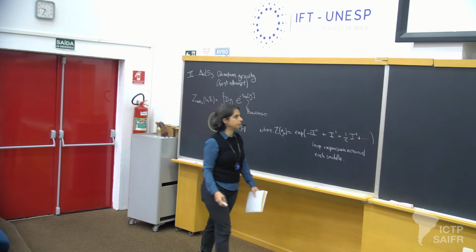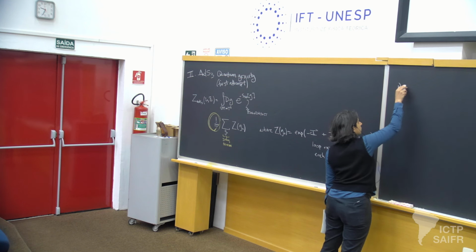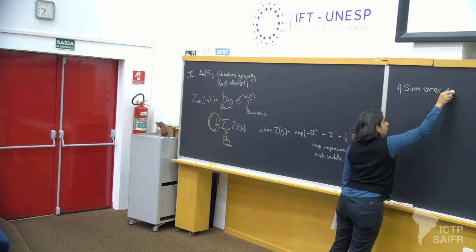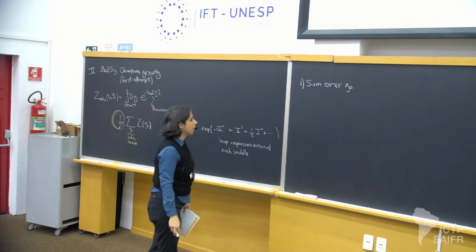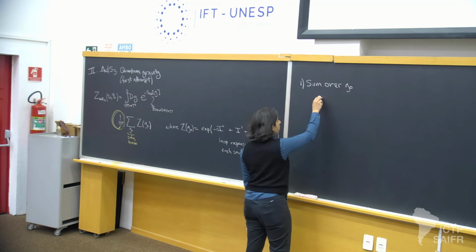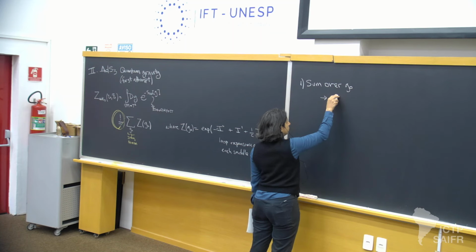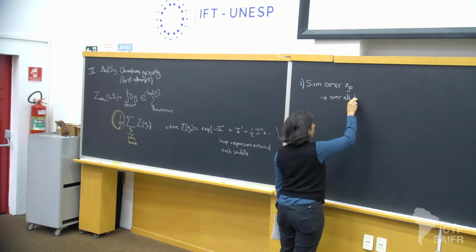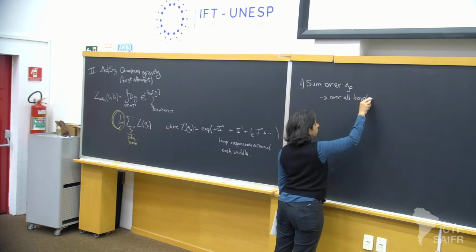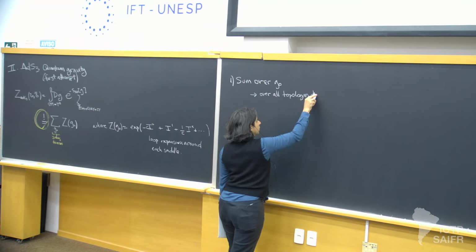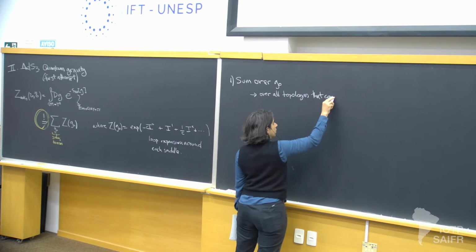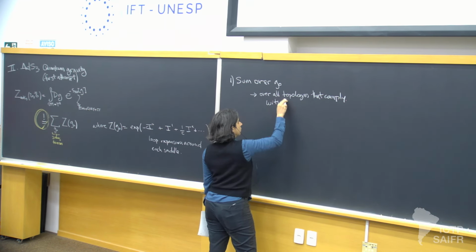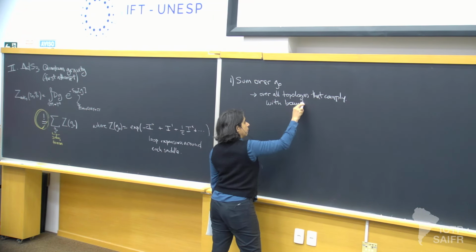We have a sum over these solutions, and this means that I will sum over all topologies that comply with the boundary condition.